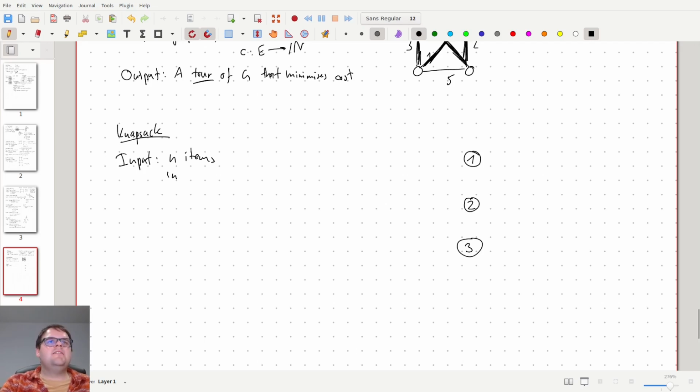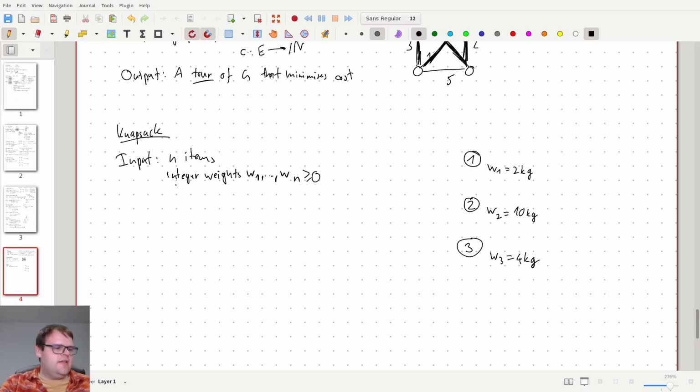Then it has integer weights, w1 up to wn, and they have to be positive. For example, let's say the weight of object 1 is 2 kilograms, the weight of object 2 is 10 kilograms, and the weight of object 3 is 4 kilograms.